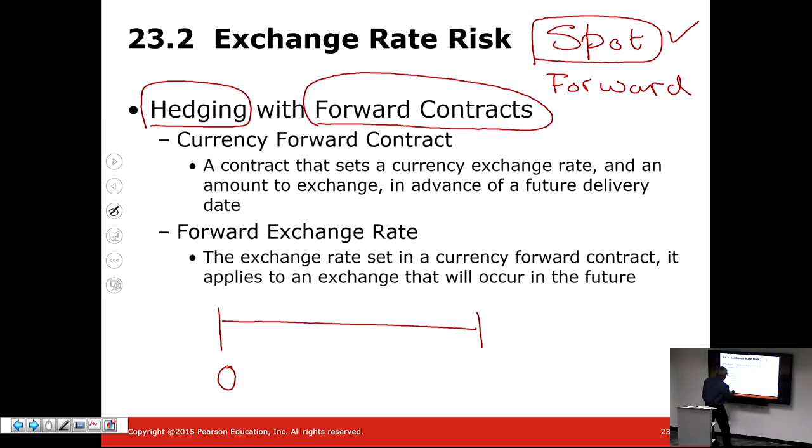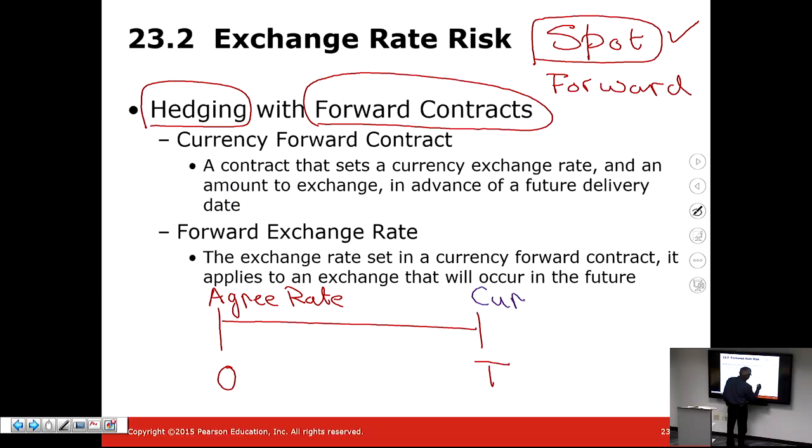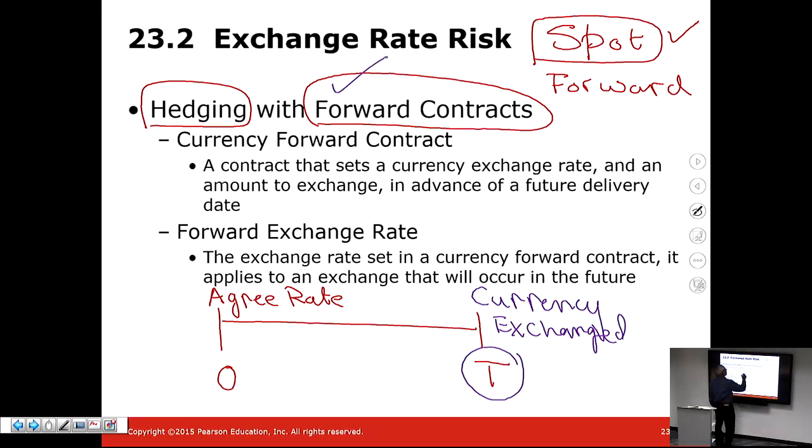But if the transaction is structured in a manner where you agree to a rate of exchange today, but the actual currency is not exchanged until a future date T, then you are dealing with the forward market, or you have been quoted the forward rate.